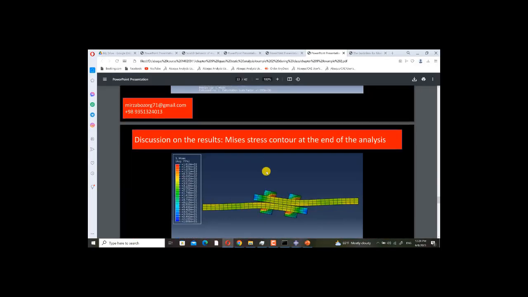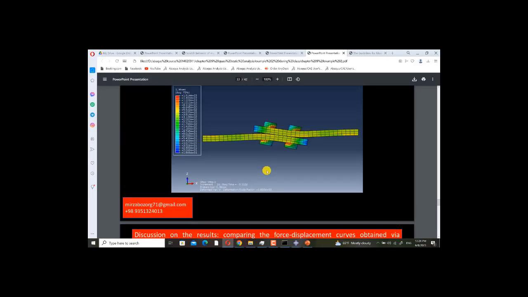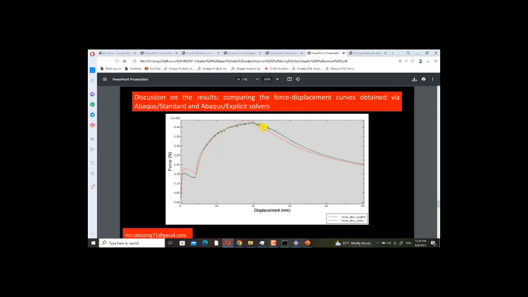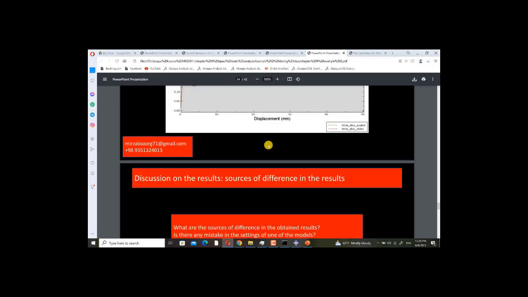And here, let me tell you about the difference between the explicit simulation and a standard simulation. You can see that they are similar to each other, but sometimes the difference increases.